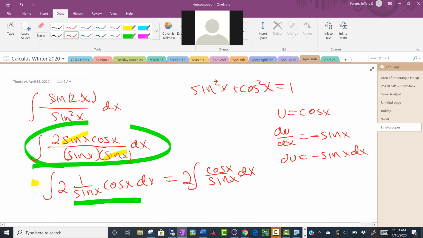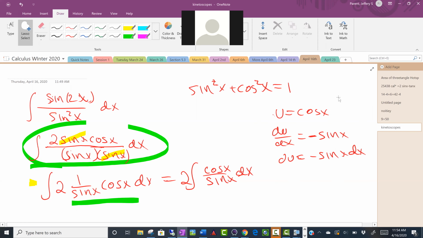And then you go, well, wait a minute. My sine is in the denominator. There's no way this is going to work. So that's a problem. So what can you do about it? Well, let's get rid of all of this. Let me try it again. Last try.